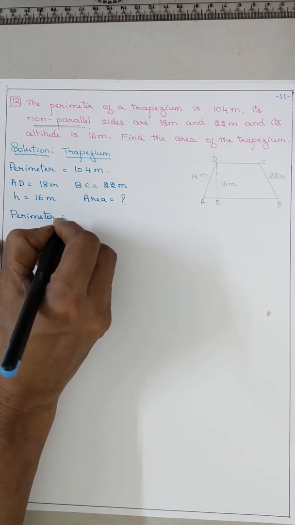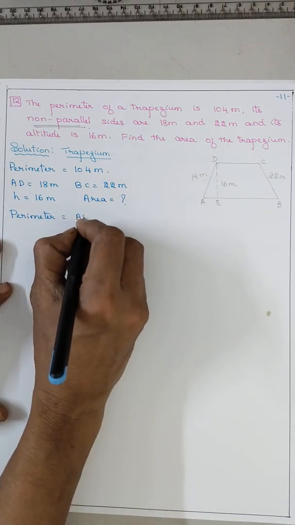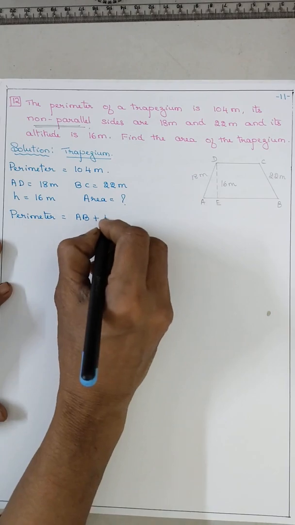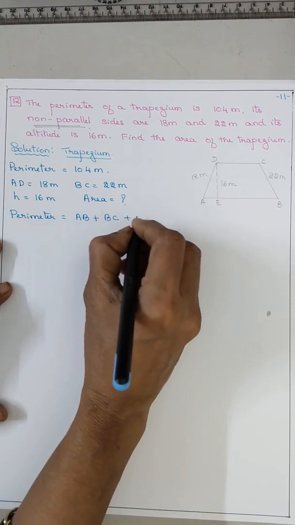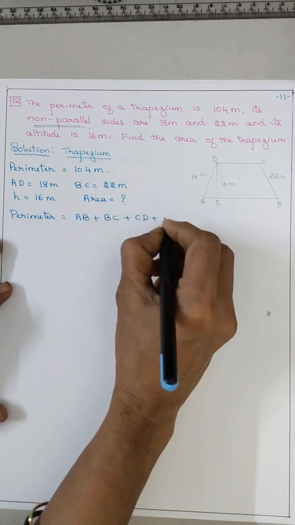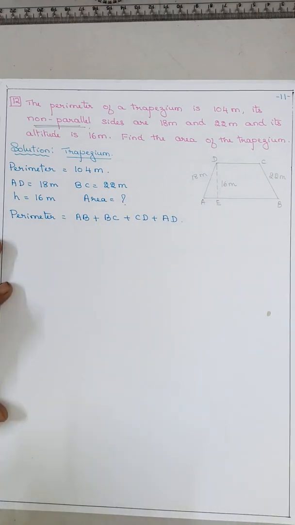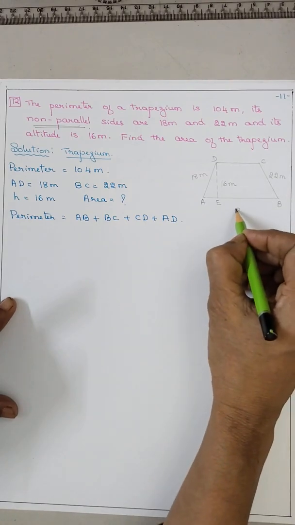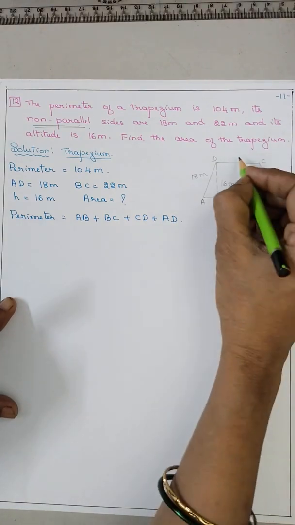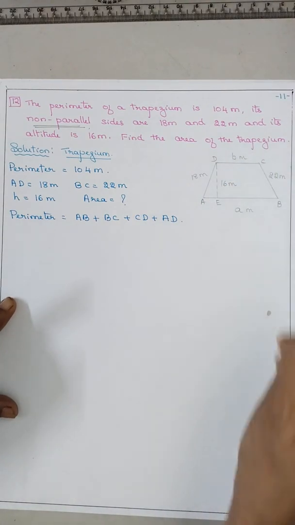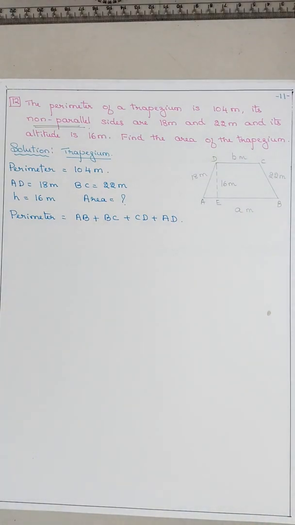Perimeter is equal to sum of the sides, that is AB plus BC plus CD plus AD, isn't it? So if you take AB as A meter and CD as B meter, you don't know.